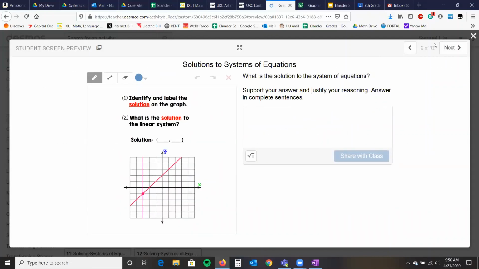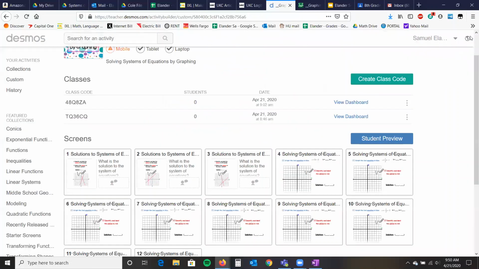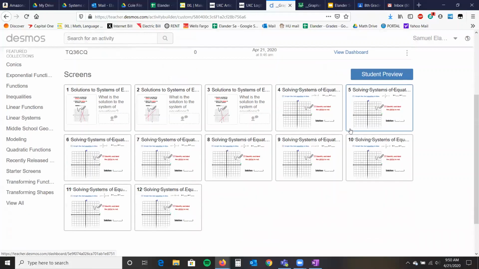And then you answer this one. It has a couple different types of problems. This one has you graphing the 2 lines, and then you put your solutions there. So follow the instructions, and then I'll have you guys share with me your answers at the end.